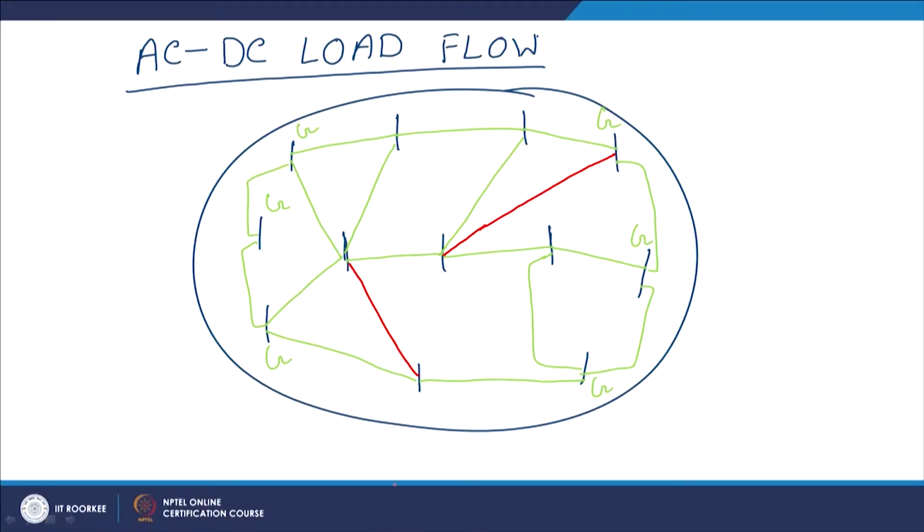It may also happen that instead of one HVDC link, there can be many other HVDC links. Yes, that is possible, but if we know how to incorporate one HVDC link into our load flow problem, then we can simply repeat the process to incorporate multiple HVDC links.